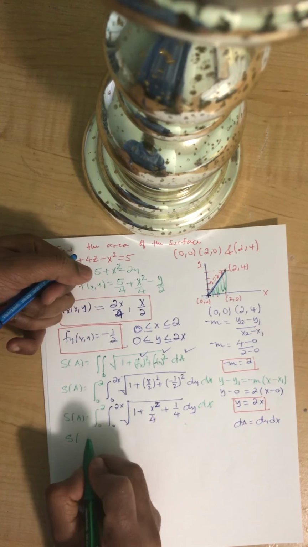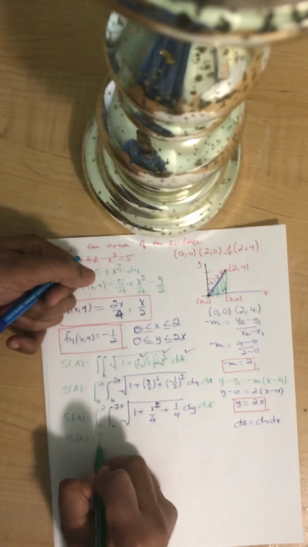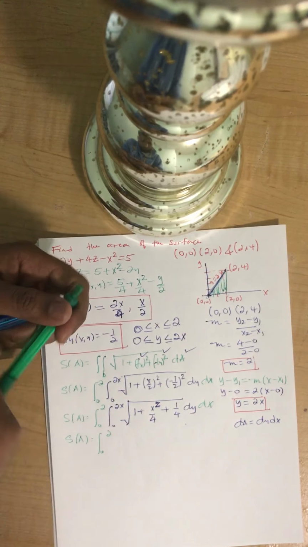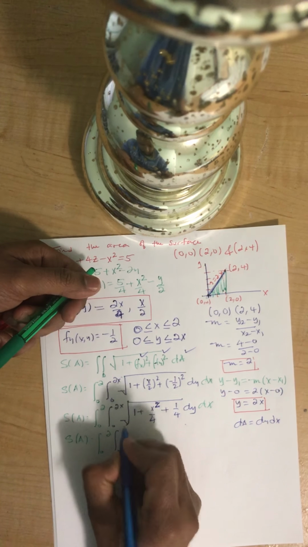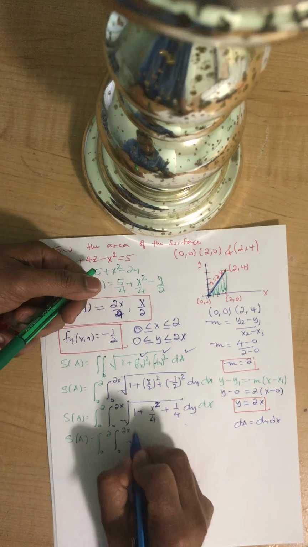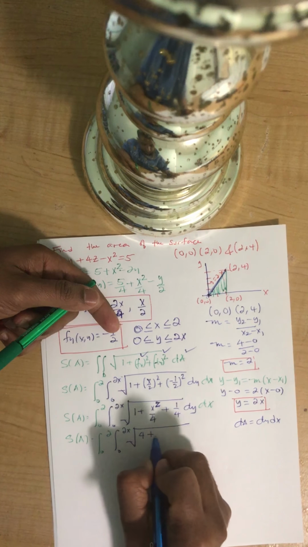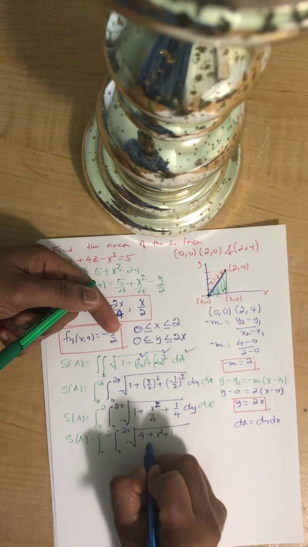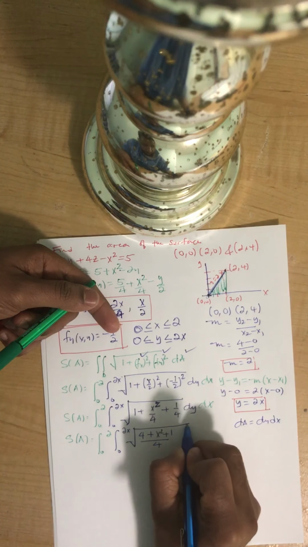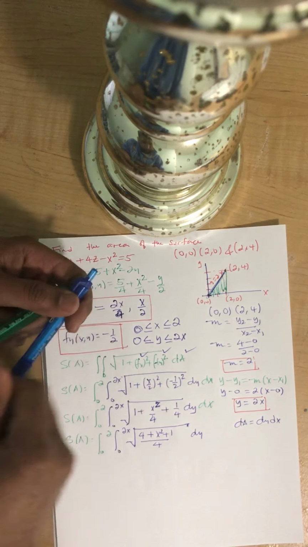Surface area, 0 to 2, square root of 4 plus x squared plus 1 over 4, dy dx.